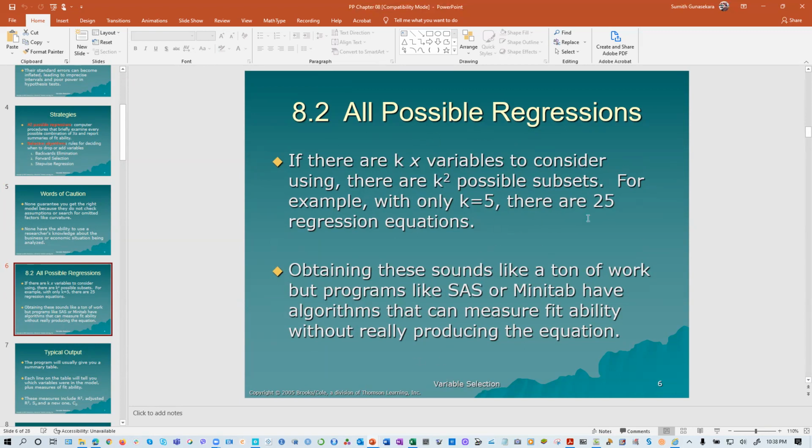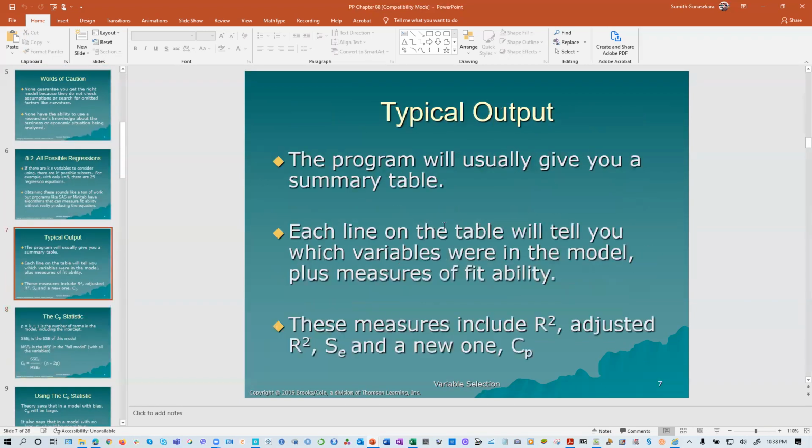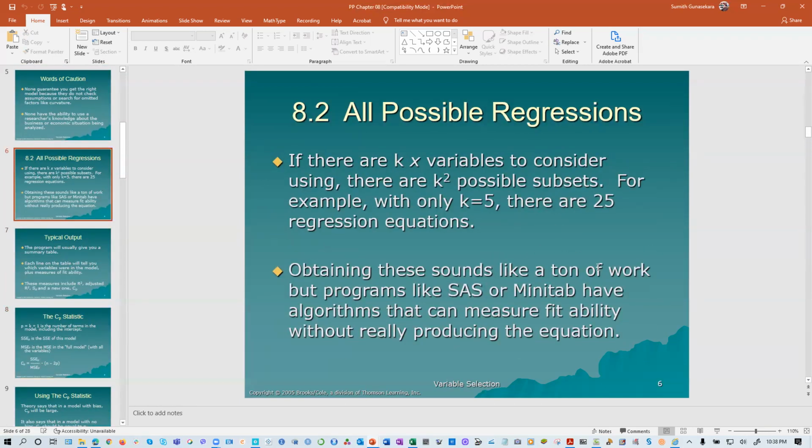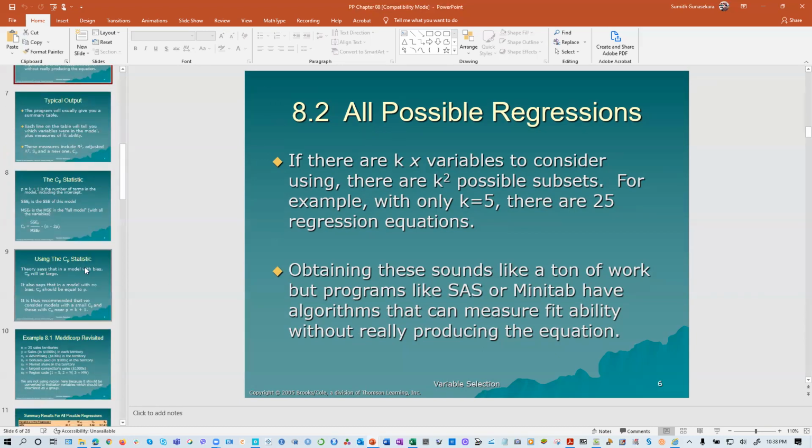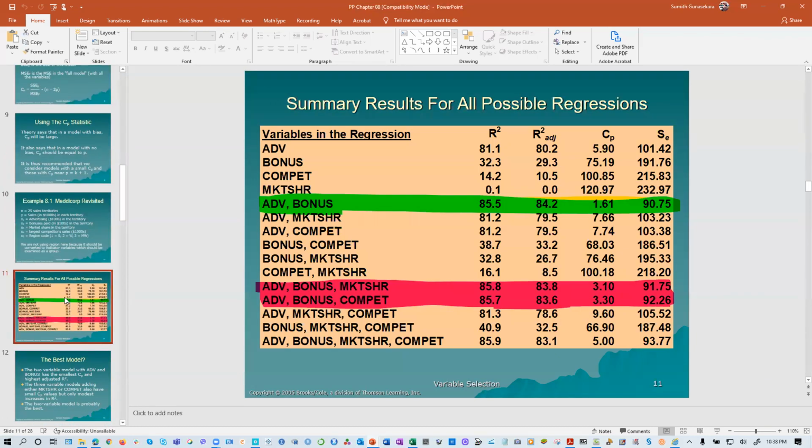Obtaining these sounds like a ton of work, but programs like SAS or Minitab have algorithms that can measure fit without really producing the equation. They do that right away. In all possible regressions, what do they check? They check R squared.